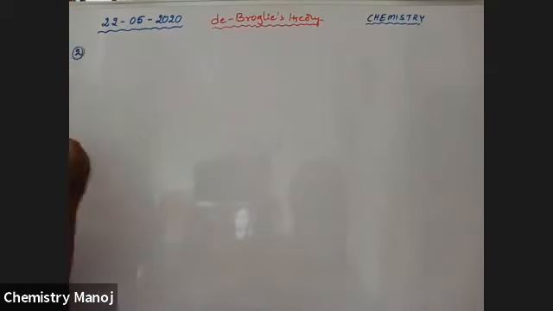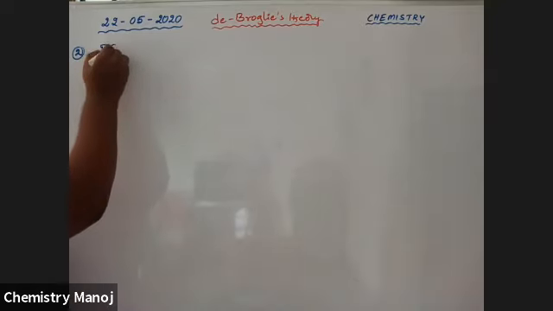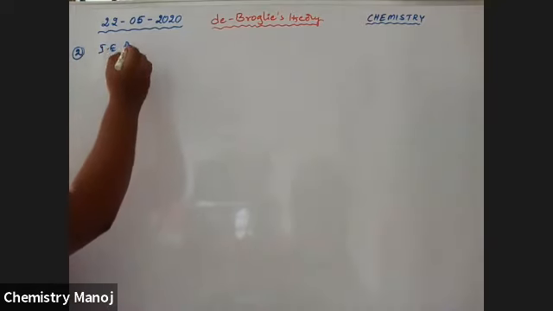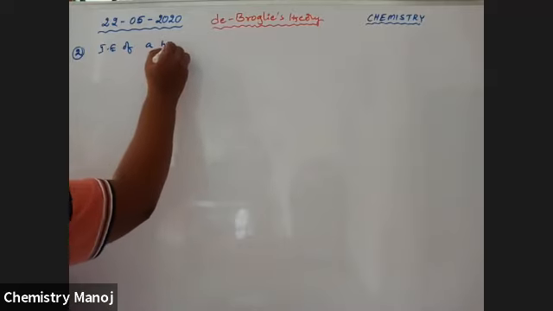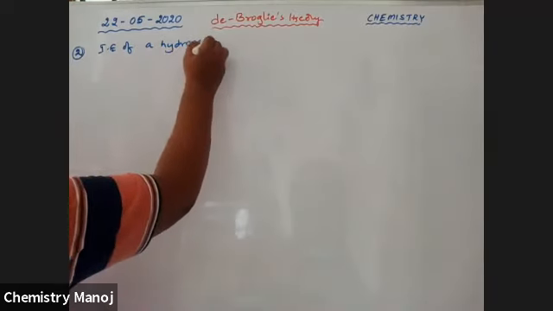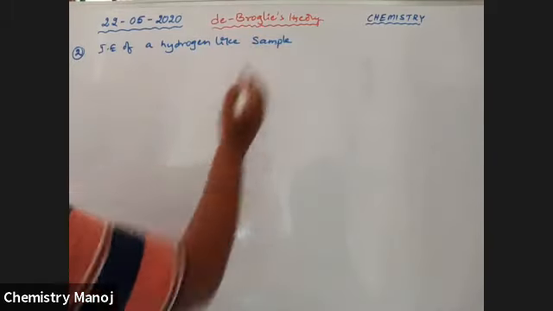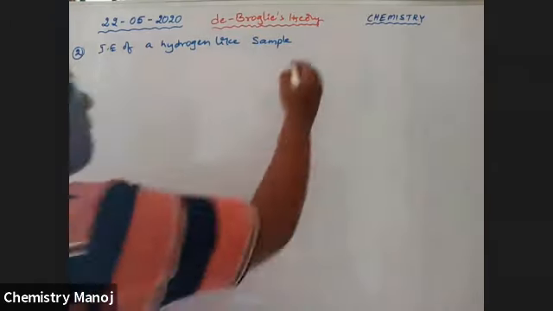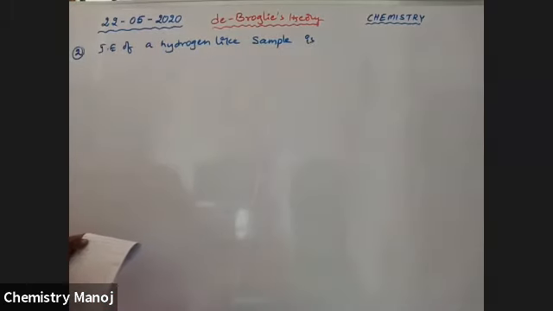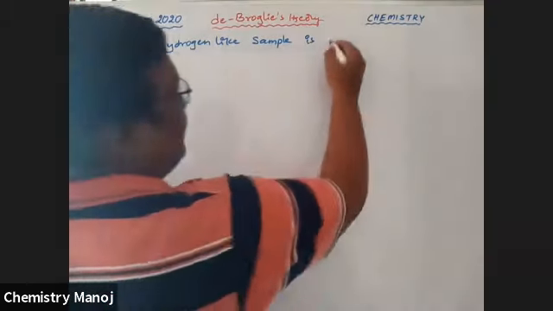Second problem: the ionization energy of a hydrogen-like sample is 122.4 electron volts.